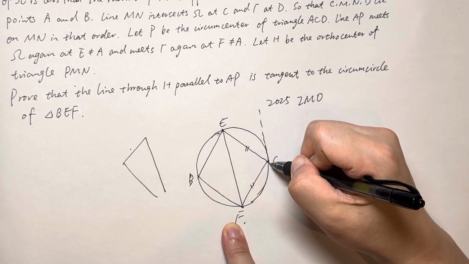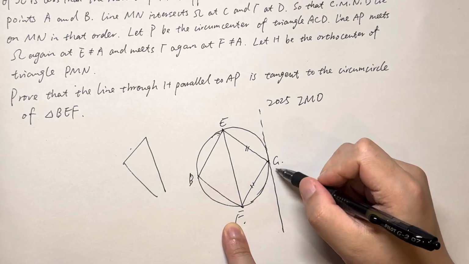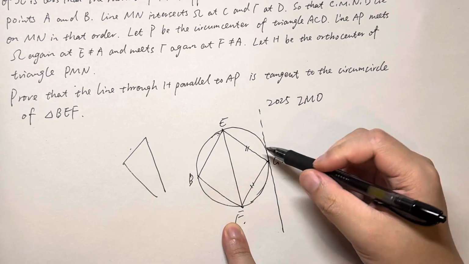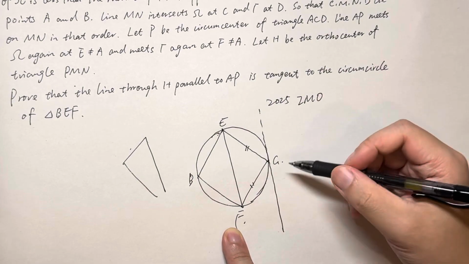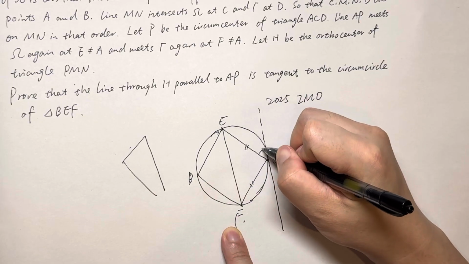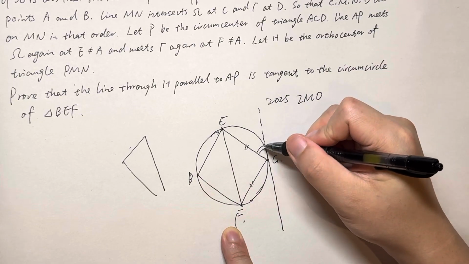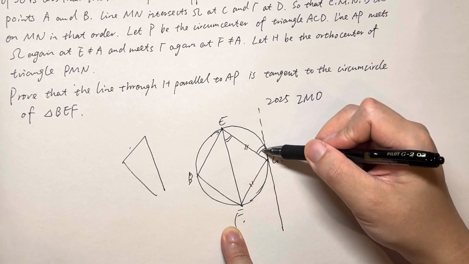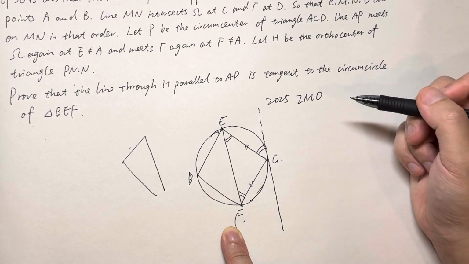If we draw a tangent line passing through G, a tangent line of this circle at the tangent point G, then we know that this angle equals to this angle, and also this angle equals to this angle.